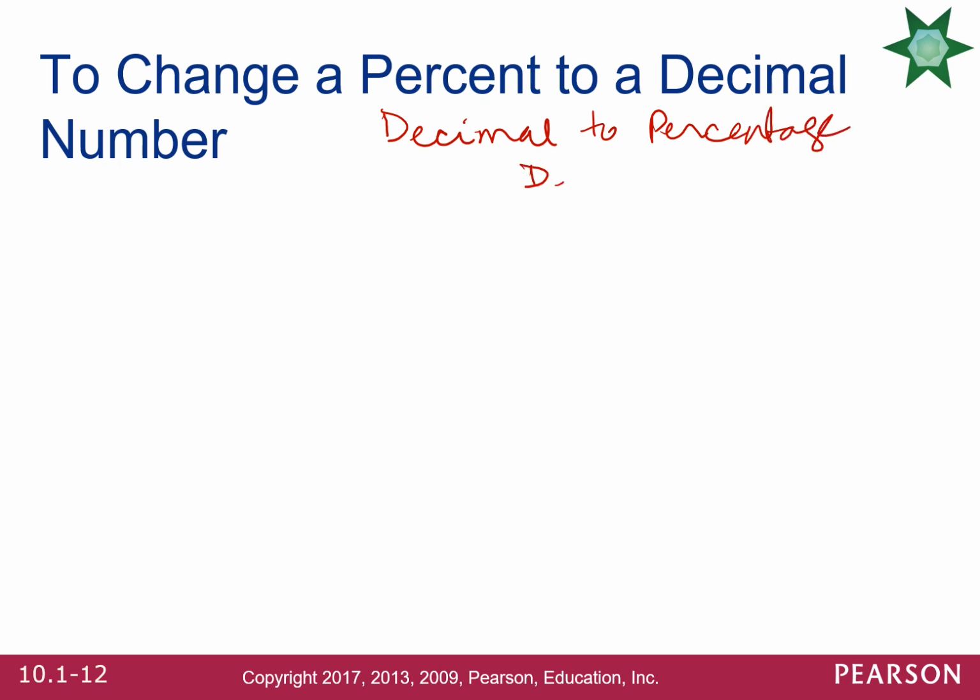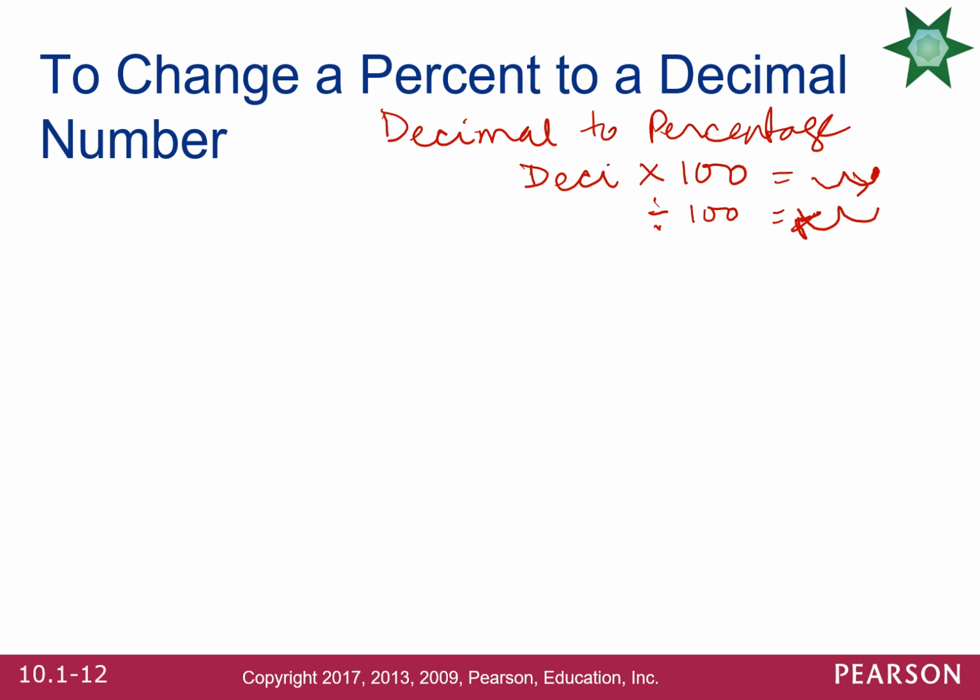So it's decimal multiplied by 100, which caused the decimal point to shift 2 places to the right from where it was. When we are going the other way round, converting from percentage to decimal, it's going to be the reverse. That means the multiplication is going to be a division by 100, and the decimal point, which moved right before, is now going to move 2 digits to the left.